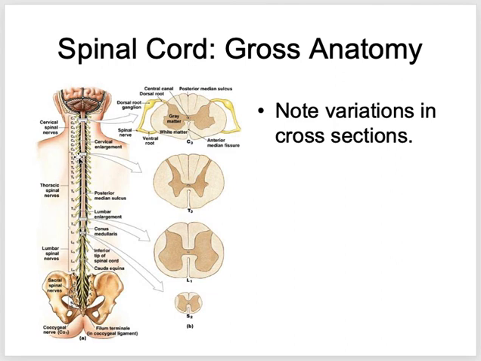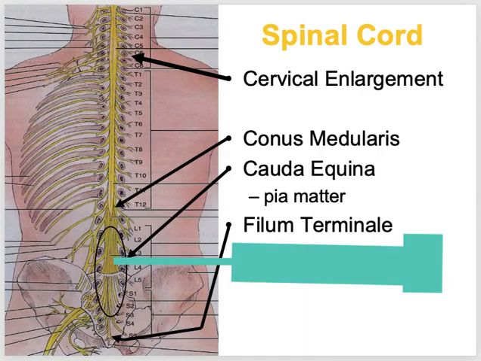Thoracic vertebrae are 12, so there are 12. Lumbar vertebrae are 5, so there are 5. So it goes this way. You can see over here, S4, S5. Based on where they come out, depending on the vertebra, we name it according to that.